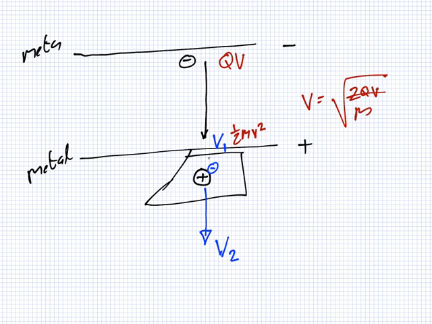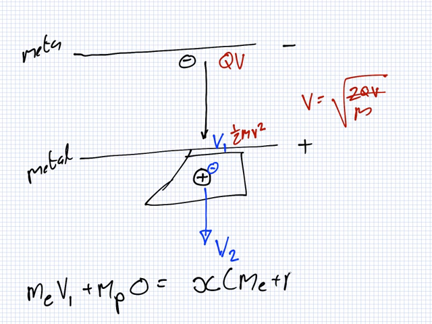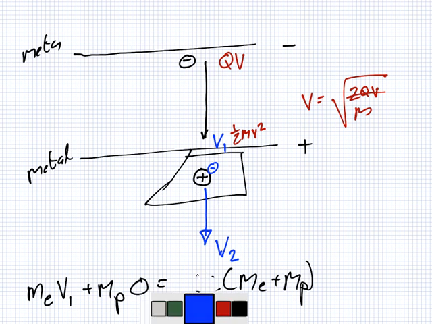What do we need now for the next part? The conservation of momentum. M1, which is the electron, times V1 plus M_P times zero equals M_E plus M_P times V2.